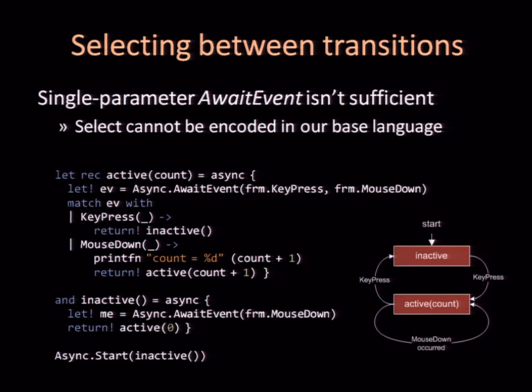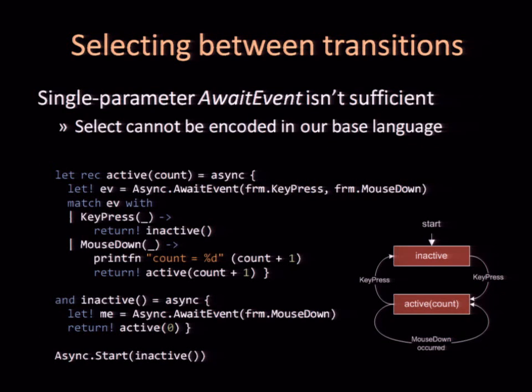An important point is that you can't write this using the await event primitive that took a single event, because that's just outside of the language you can express using that. So we need some other primitive.